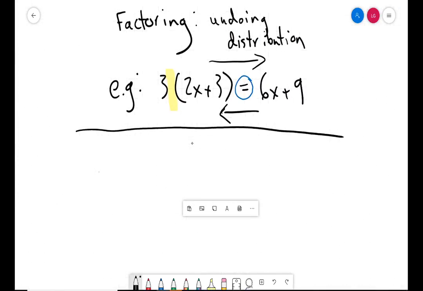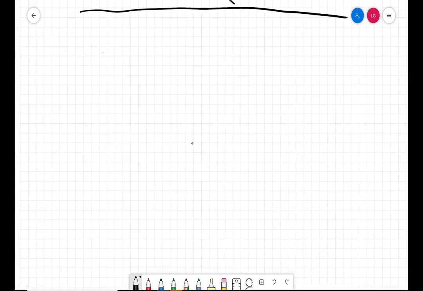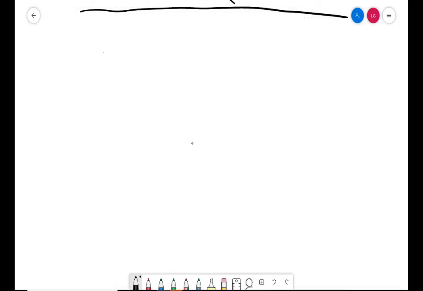Let me zoom back in here. And let's take a look at factoring.